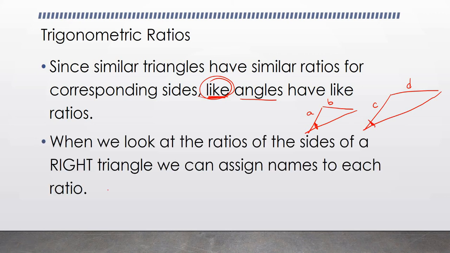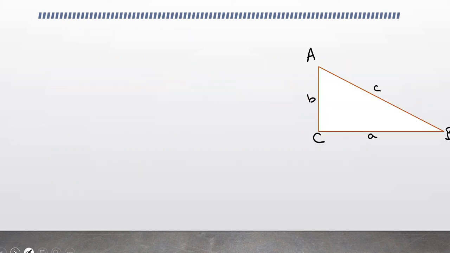We're going to use that for the ratios of the sides of a right triangle. And when we talk about the ratios of particular sides of a right triangle, we assign names to the ratios. So we use special names for these ratios in a right triangle. So let's see what those are. So there's our right triangle.